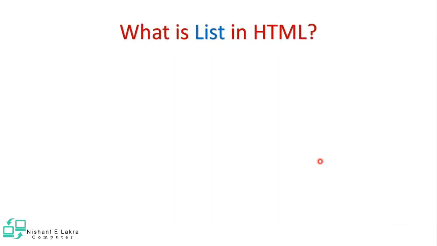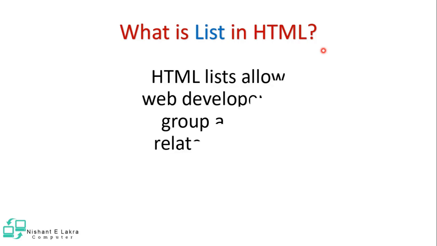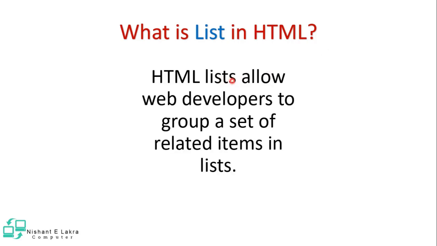Now, when we use HTML, there are some lists that you have to remember. So what is a list in HTML? These HTML lists allow web developers. Now, when you're designing a web page, you'll be called a web developer. So HTML lists allow web developers to group a set of related items in lists.